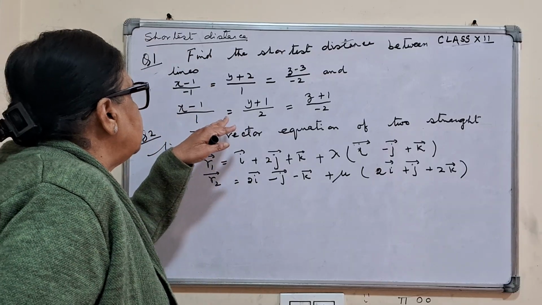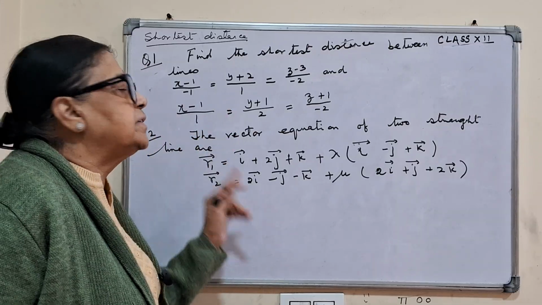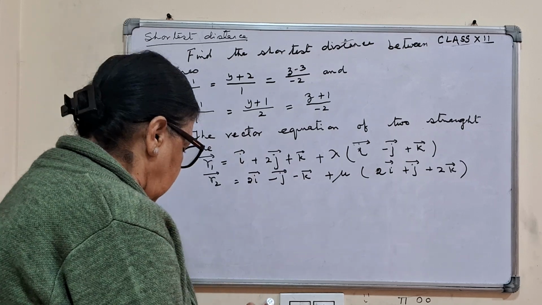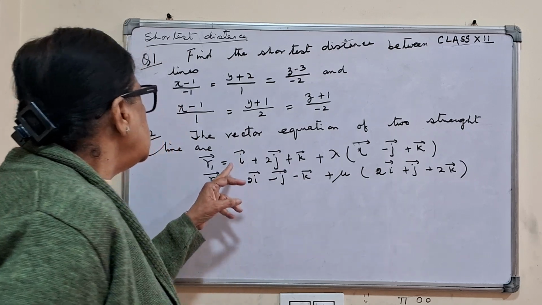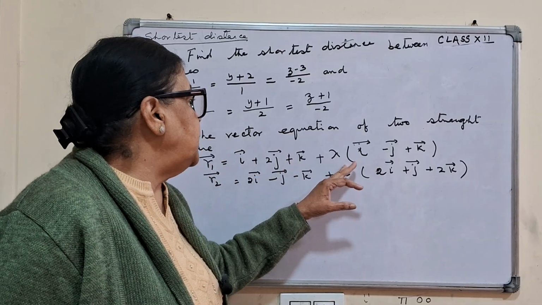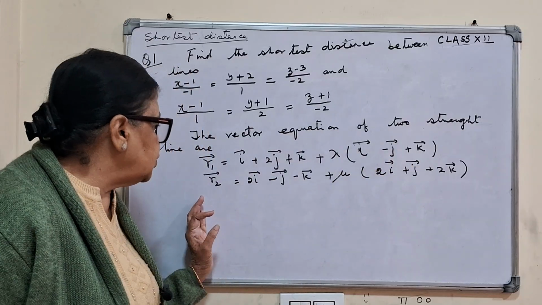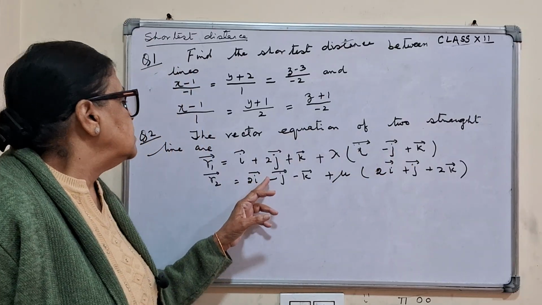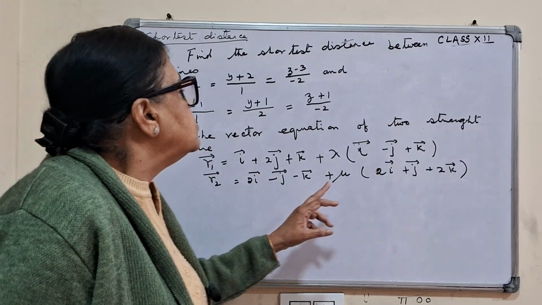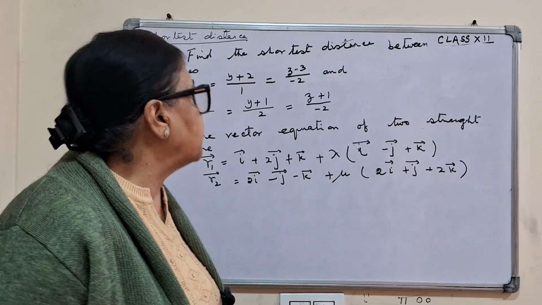This is the first sum, given in Cartesian form, and now this one is given in vector form. The vector equations of the two straight lines are r1 equal to i cap plus 2 j cap plus k cap plus lambda times i cap minus j cap plus k cap, and r2 equal to 2 i cap minus j cap minus k cap plus mu times 2 i cap plus j cap plus 2 k cap.